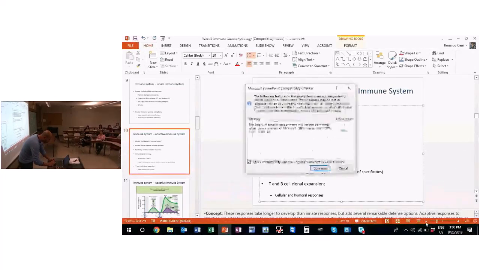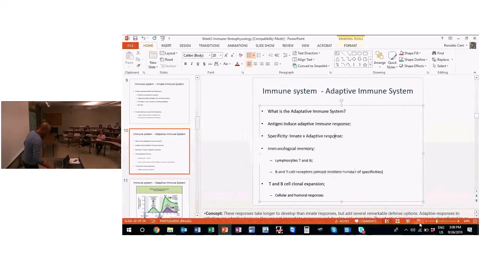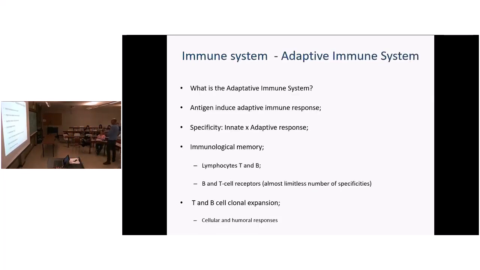So the whole thing is that the specificity, of course, will be a lot higher, a lot greater. You will create immunological memory, which is the floating around of T cells that have that information to attack a certain molecule from a very specific antigen, a very specific organism or toxin and so on.